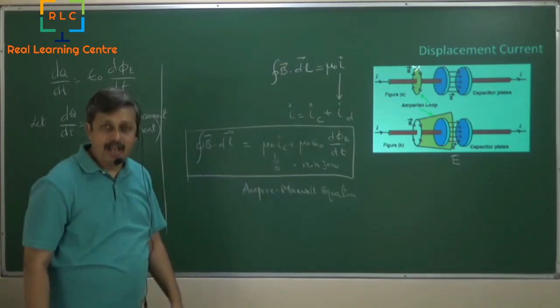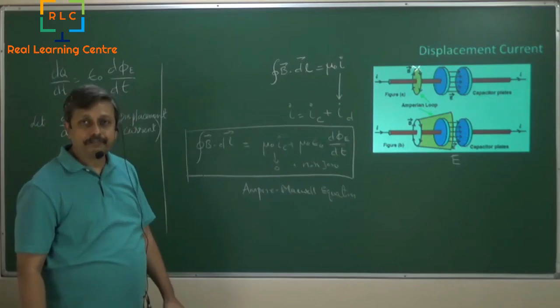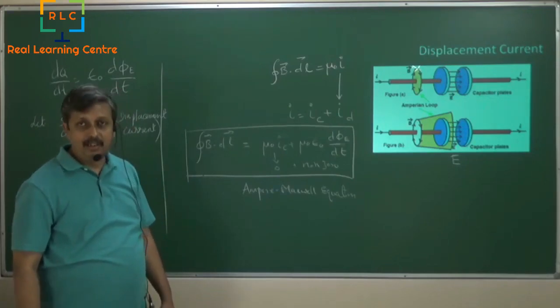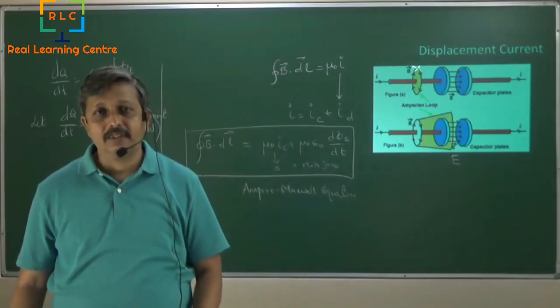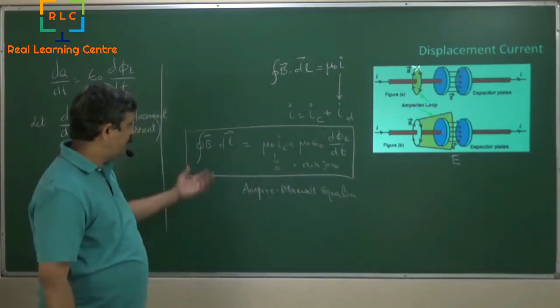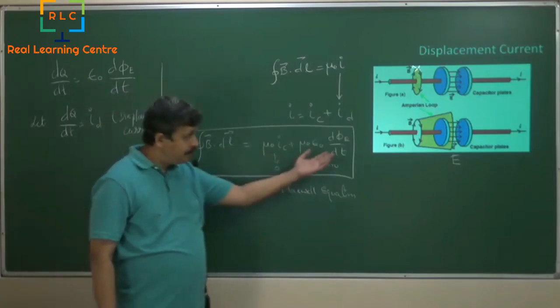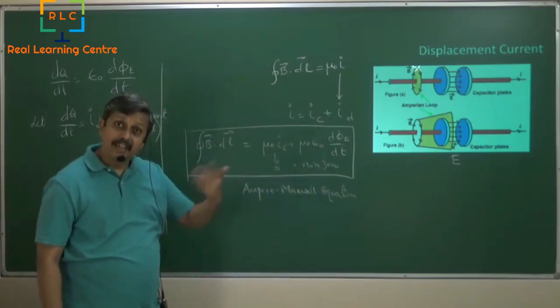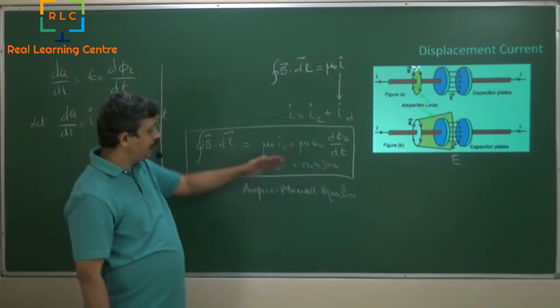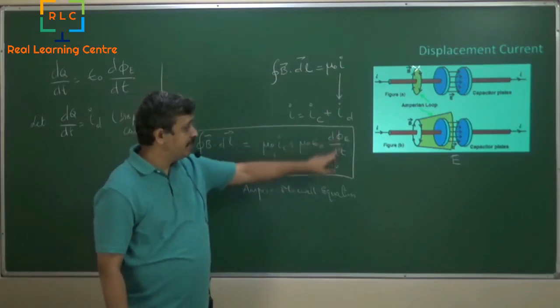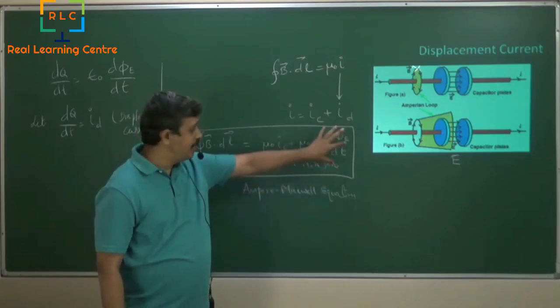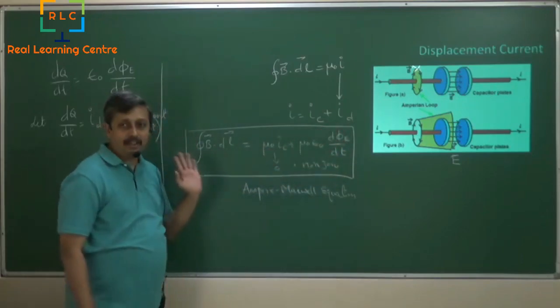He wanted to show that, like we said electric field comes from change in magnetic field, similarly, can magnetic field be generated by change in electric field? Displacement current gives that idea: even if there is no current, magnetic field can be generated by change d phi by dt, by change in electric field.